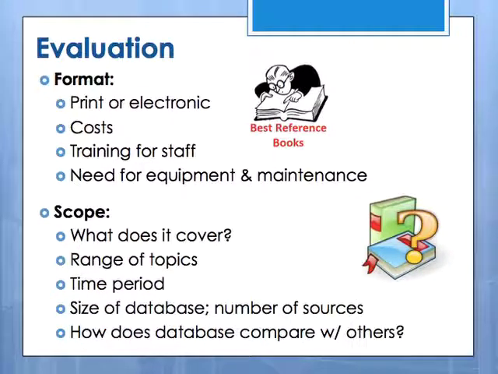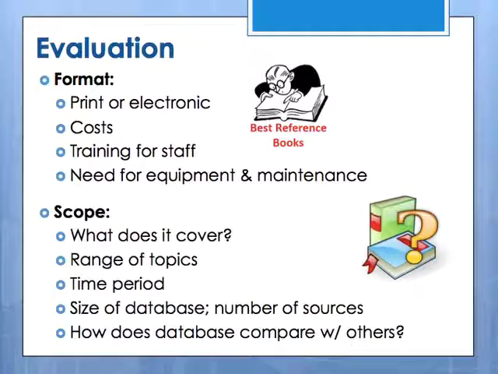And then within all of these questions are more questions. So, some things to consider when you're evaluating resources are format, which you want to think about. Do you want particular resources in print, or do you want them electronically, or do you want them both? What are the costs?